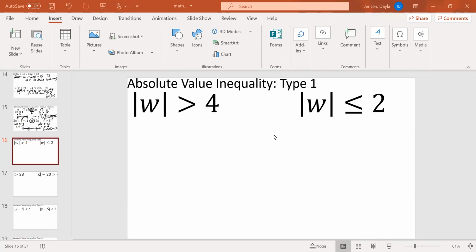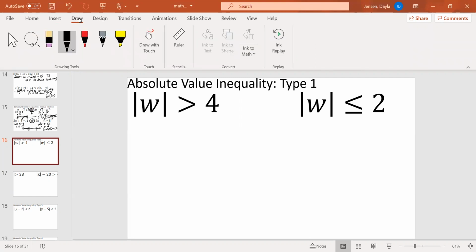So the last type of problems that you're going to be responsible for this next test are absolute value inequalities. So this first example, the absolute value of W is greater than 4. An absolute value is a distance.